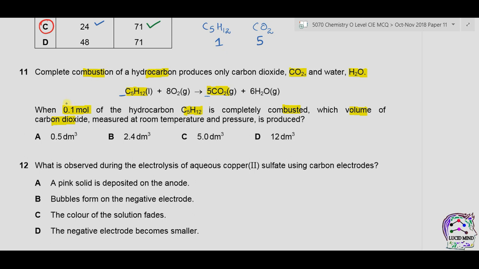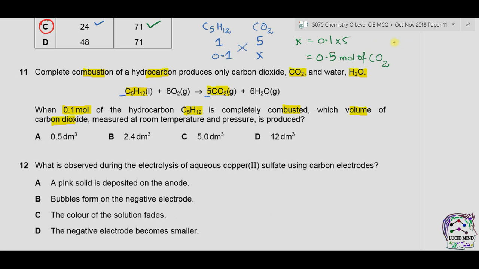Now they have given 0.1 mole of hydrocarbon. So we can find the number of moles of carbon dioxide produced by cross multiplying. X will be equal to 0.1 into 5, which is 0.5 moles of CO2. Now we can convert moles into volume.